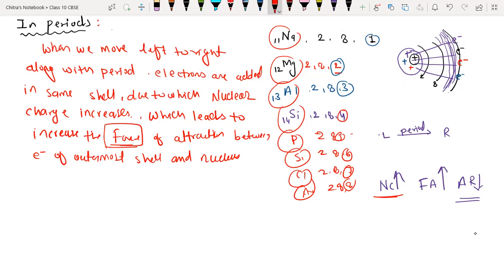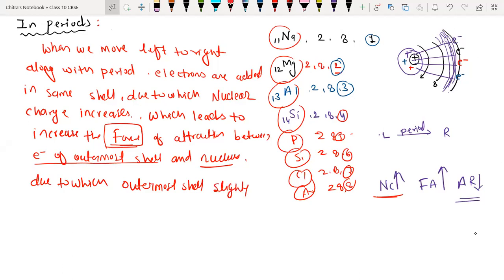So the force of attraction between the electrons of the outermost shell and the nucleus increases, due to which the outermost shell slightly, not much, only slightly, pulls towards the nucleus.